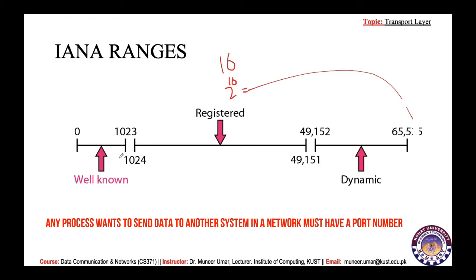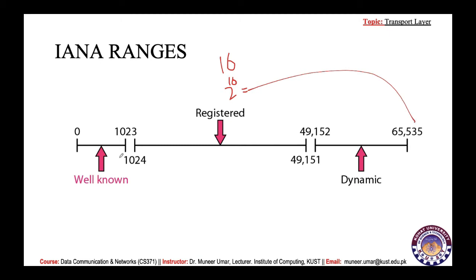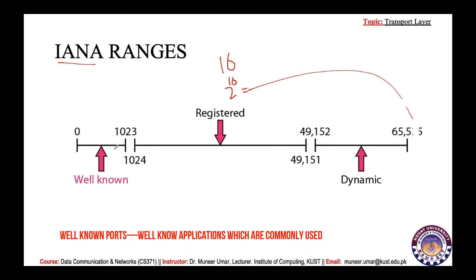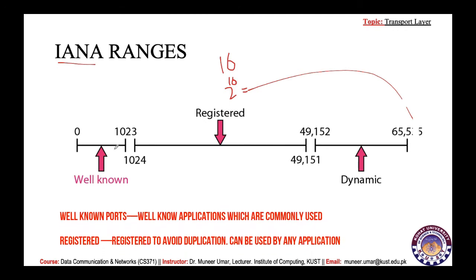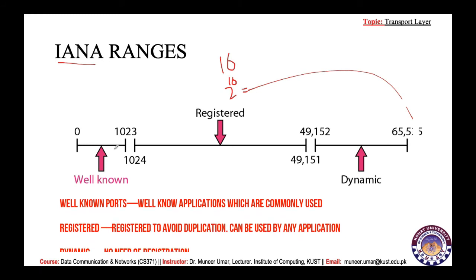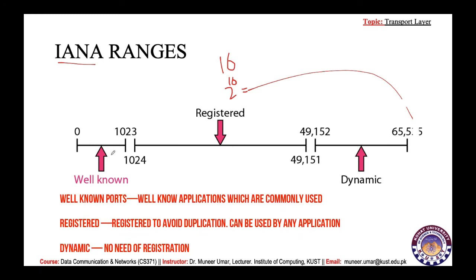The well-known ports range from 0 to 1023. These are assigned and controlled by IANA. These are occupied by well-known applications or processes, which we use in common in most operating systems and networks.